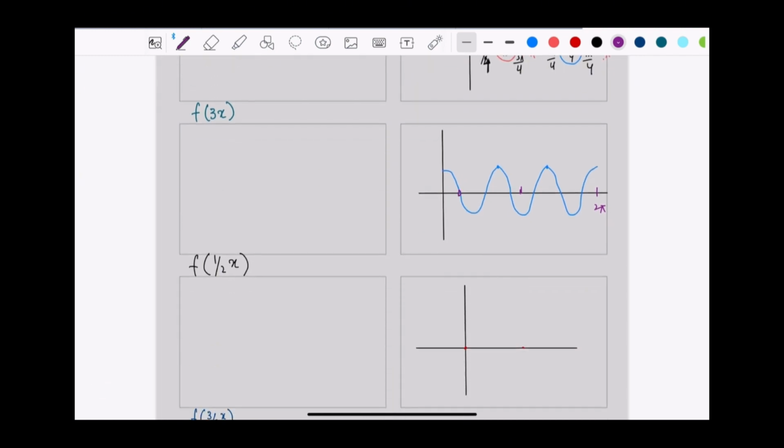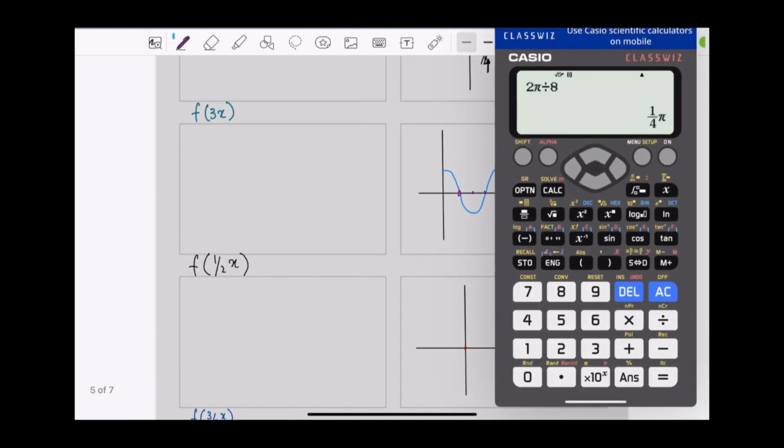This is going to be one value, 2, 3, 4, 5, 6, 7, 8, 9, 10, 11, and 12. So I'm dividing 2 pi by 12 now to get a clear idea how it is going to be. So each value is going to be pi over 6.